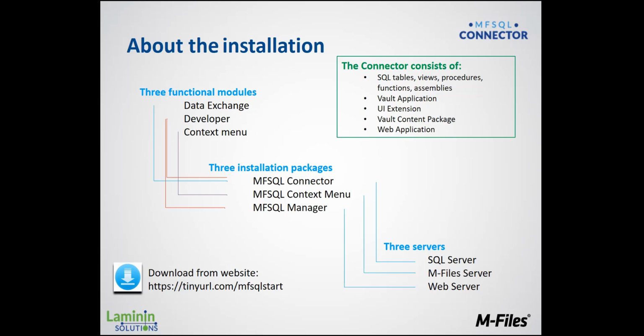Also, these 3 modules are now deployed using 3 installation packages. You can download the software from the website, and there's also a form that you can fill in to get the serial number for the software. Each one of those packages is designed to be implemented on the server that it is targeting. So it's targeting 3 servers: SQL Server, M-Files Server, Web Server.